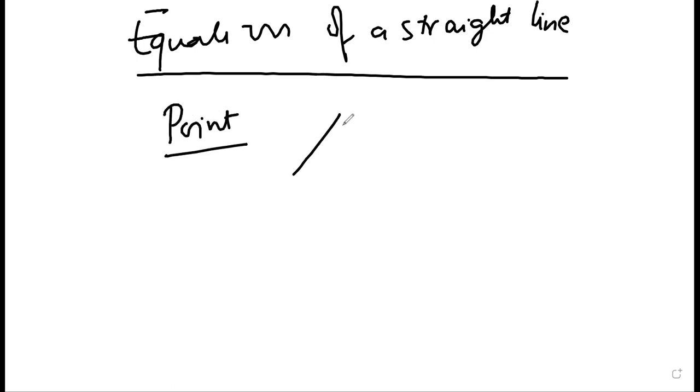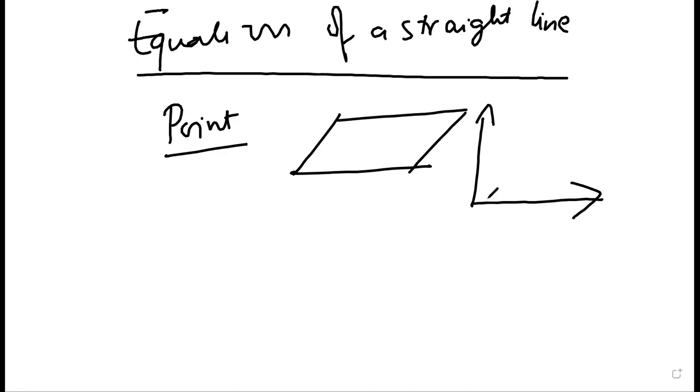So we know if there is a plane, any plane, and for that matter we are talking about a two-dimensional figure, and here we have the x-axis and the y-axis. If you want to locate a point on this xy plane, then the way to do it is by finding its coordinates.